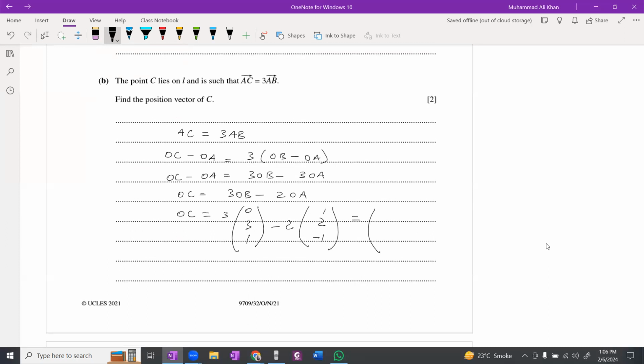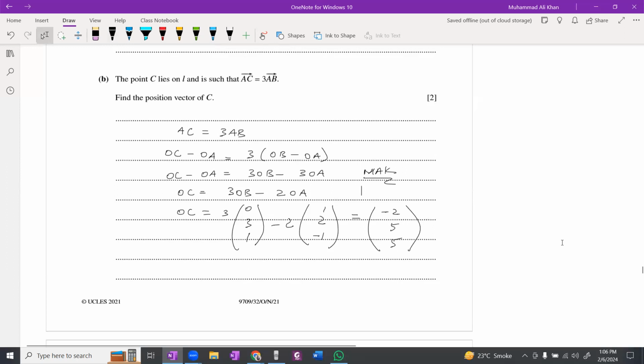OC will be 0 minus 2 minus 2, 9 minus 4, 5, 3 plus 2, 5. This is OC, the position vector. We have calculated the position vector OC. Hopefully it is clear, not a difficult part.